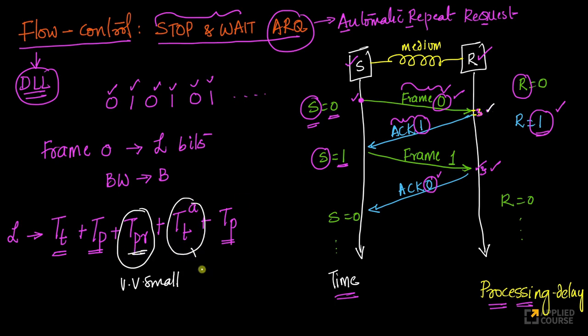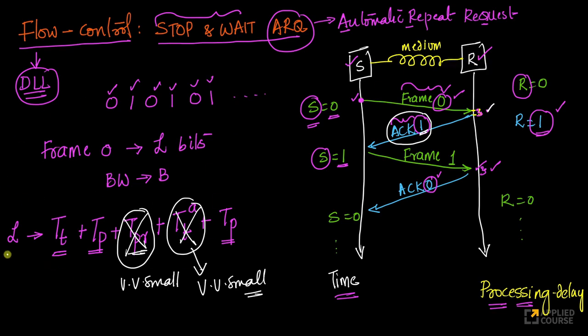We can also ignore the acknowledgement transmission time, because the acknowledgement doesn't contain any data. It just contains the acknowledgement number, the source address, and the receiver's address. That's all it contains. So we can ignore these two, but you can't ignore the propagation time, because propagation time is a property of the medium.